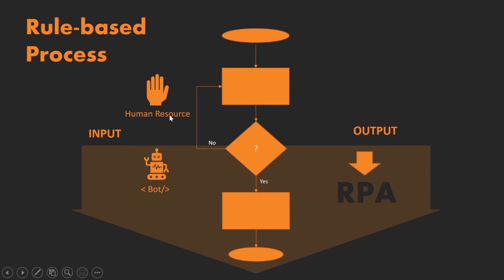The idea is that we are identifying processes which are repetitive in nature and rule-based, and which have other issues, such as quality problems or defects you now want to reduce. RPA is a good solution.